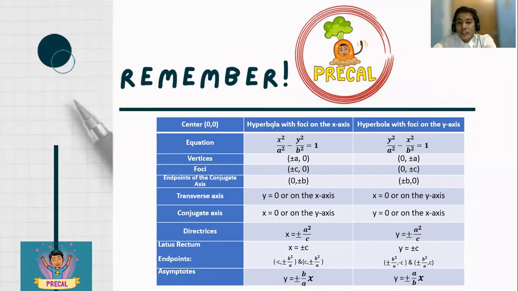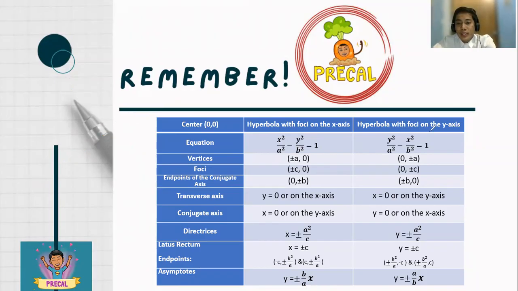For a horizontal hyperbola, the equation of the asymptote is y is equal to positive negative b over a x, and b over a is the slope of the asymptotes. So the asymptote that leans to the right has a positive slope, and the asymptote that leans to the left has the negative slope.